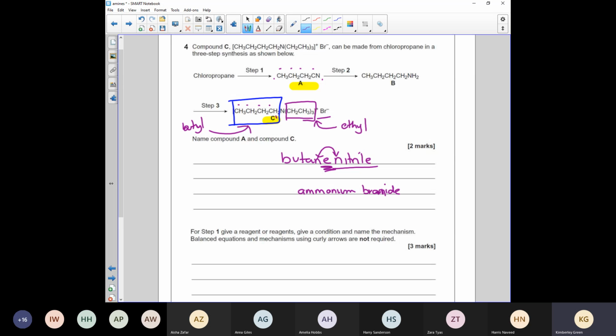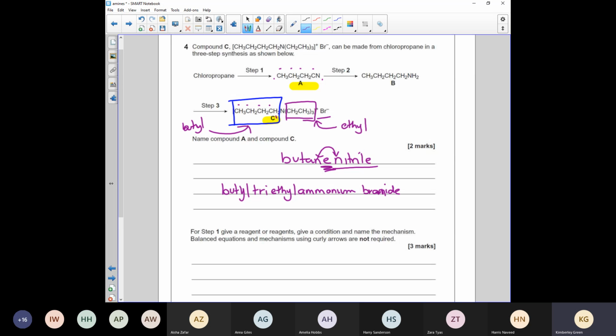I need to put them in alphabetical order, so butyl and then ethyl. But I've got 3 ethyls, so triethyl. Butyl triethyl ammonium bromide. We don't need any N's in there because in an ammonium salt everything is attached to the nitrogen. Butyl triethyl ammonium bromide, that's a mouthful.